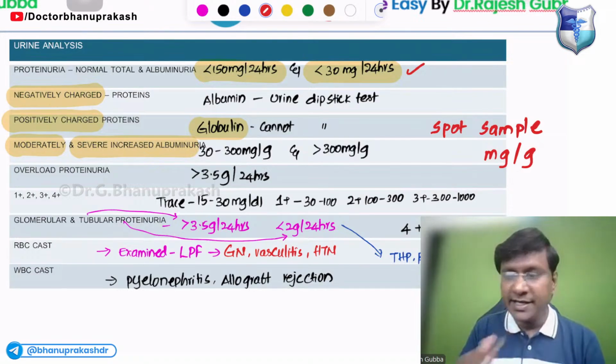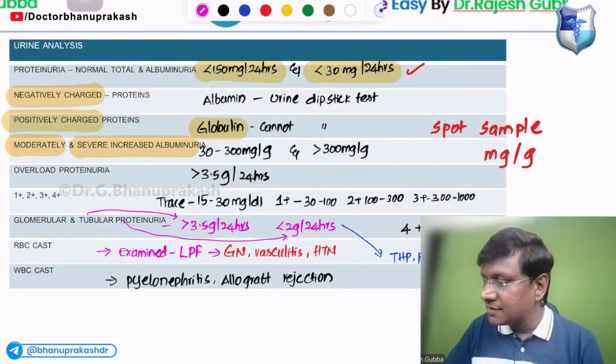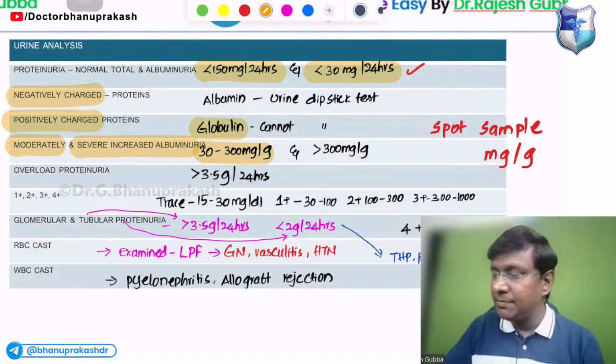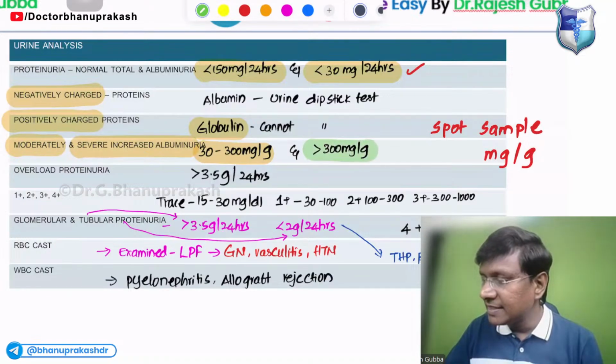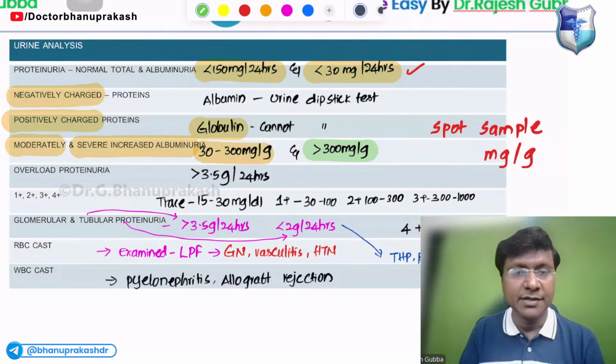Now, what is the criteria for moderately increased albuminuria? That is 30 to 300 milligrams per gram of creatinine, whereas severely increased albuminuria is more than 300 milligrams per gram of creatinine.